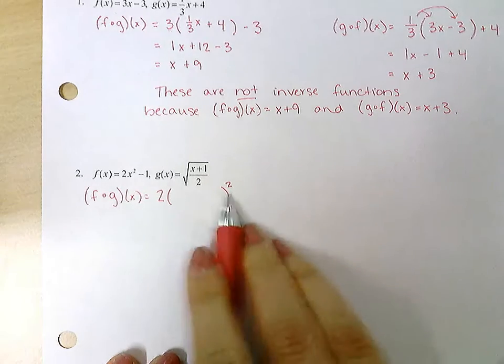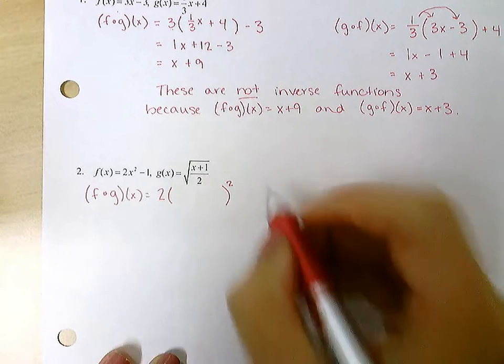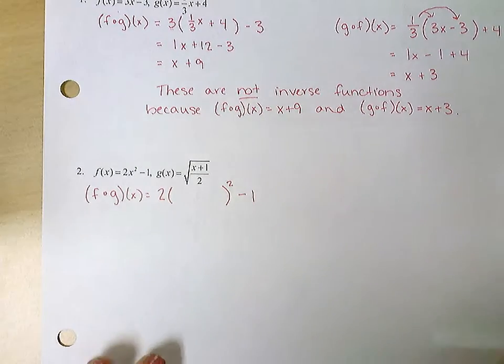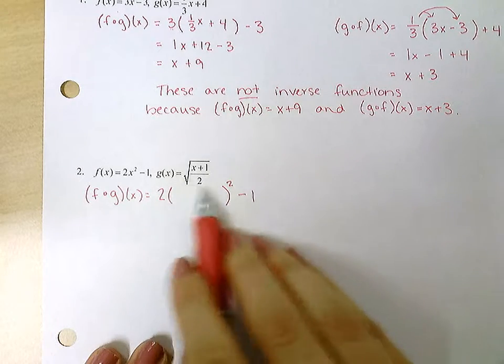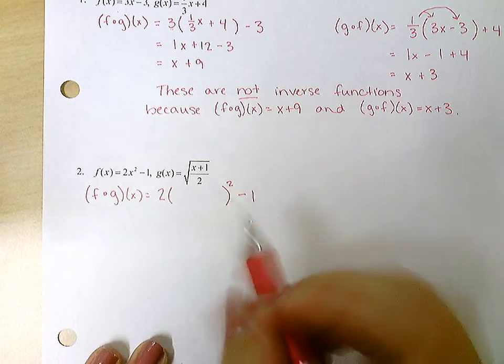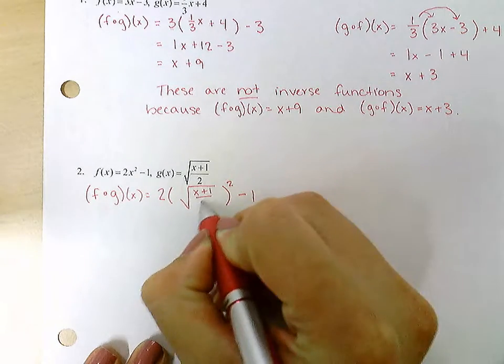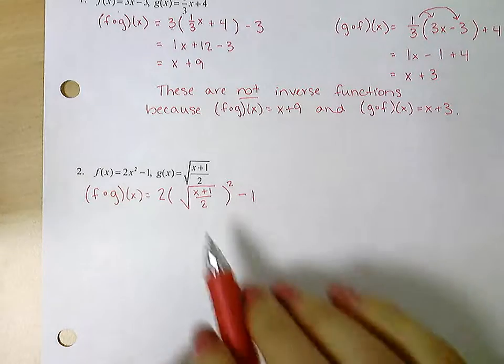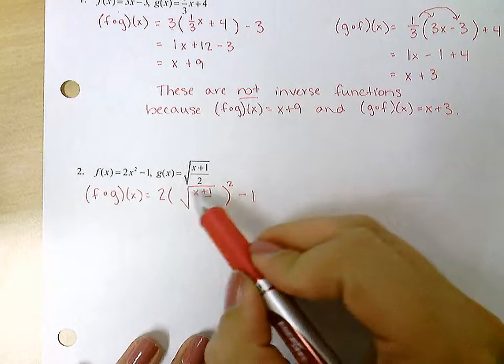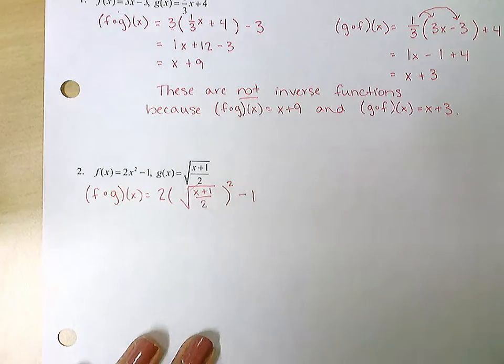Our x value is squared in this f of x function, and then I have minus 1. Now what I want to do is plug in this g of x value for my open space here. So I have a square root of x plus 1 over 2. Now when I square a square root, those just cancel each other out.